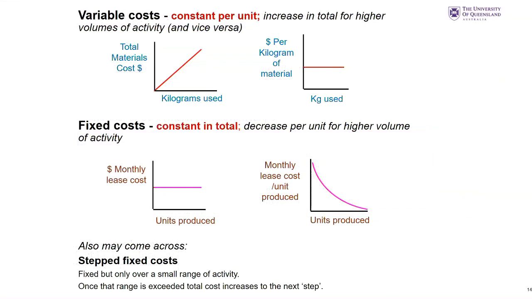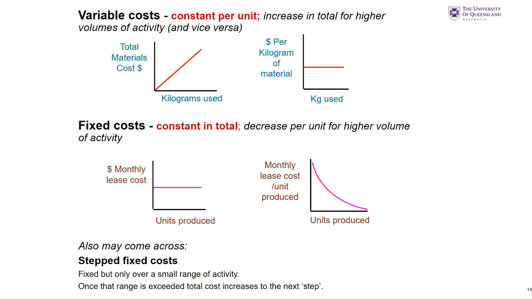This is the diagrammatic form of what I've just told you. Here we have our variable costs. This is how they behave in total. They start off at 0 if you produce nothing, and they increase at the same rate the more you produce. But if we're talking about it per unit, our variable costs per unit are constant. Does that make sense?